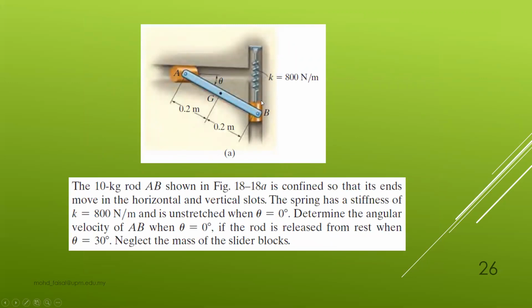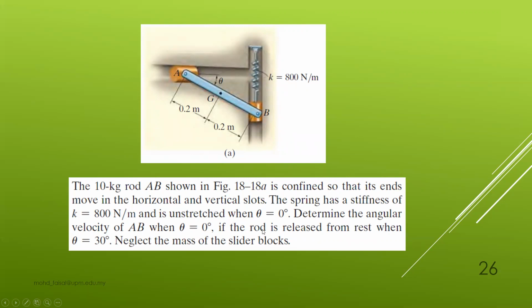There is one particular example where we have a spring and a rod or piston. Rod AB: at B, the piston moves in the vertical direction, and at A it moves in the horizontal direction.